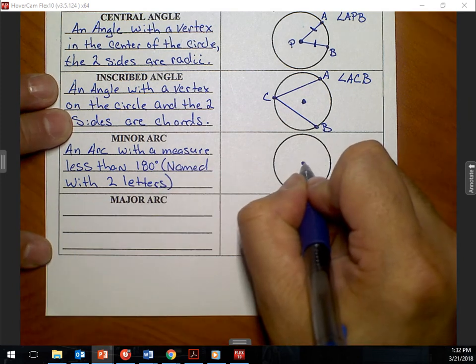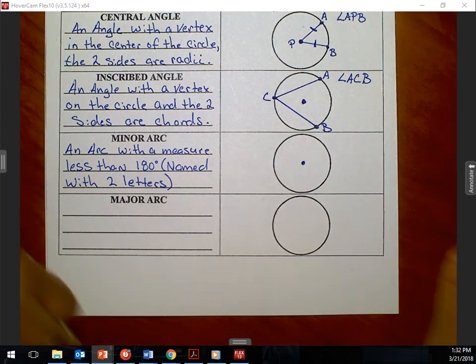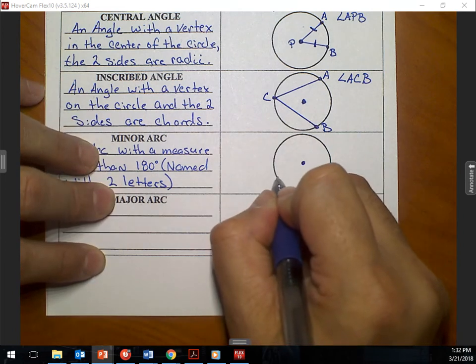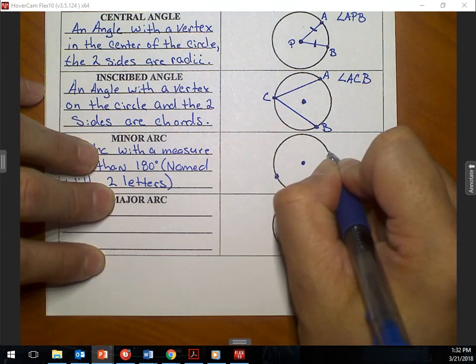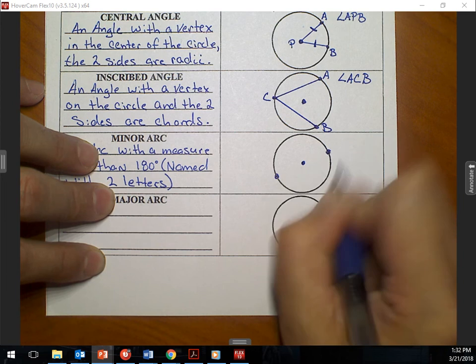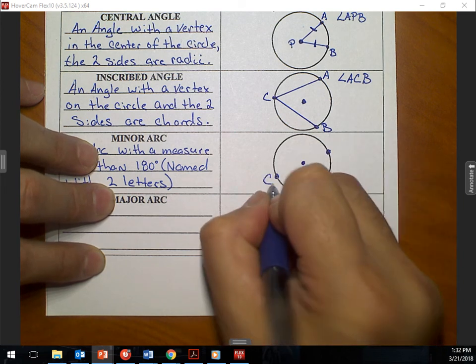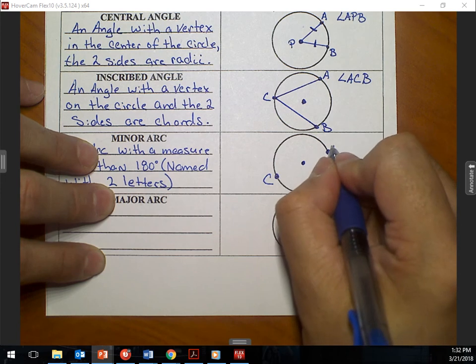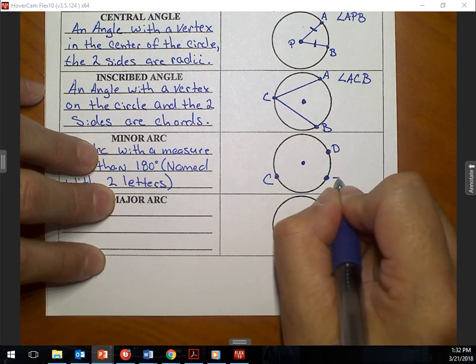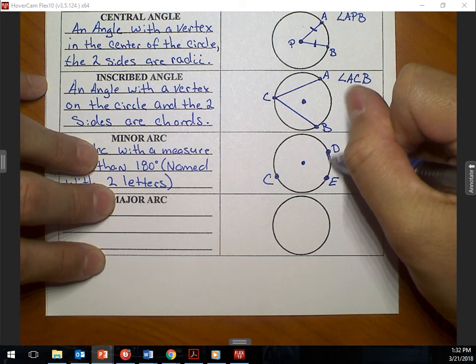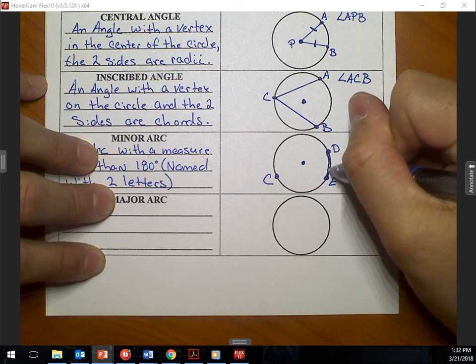So I'm going to start here. Okay, so I'm going to put my points. I'm going to call this C, D, and E. So the first one I'm going to talk about is this one right here. Let me color that one in.